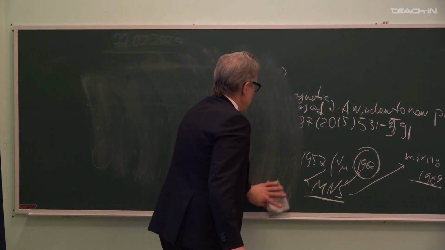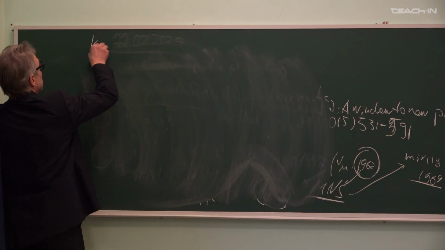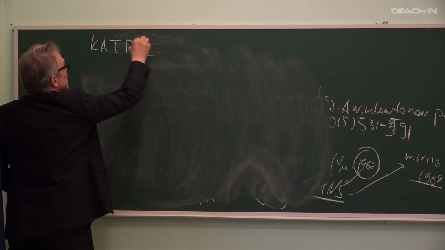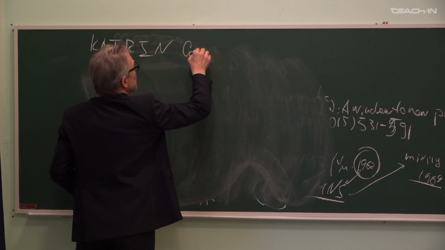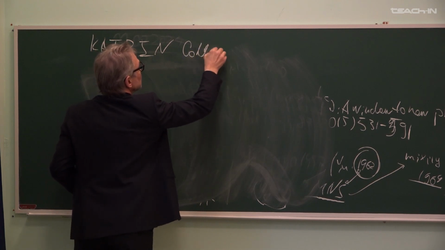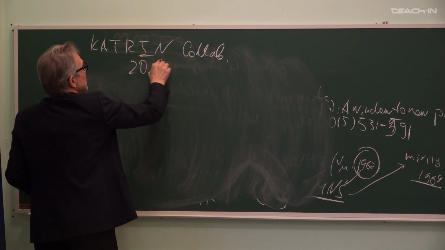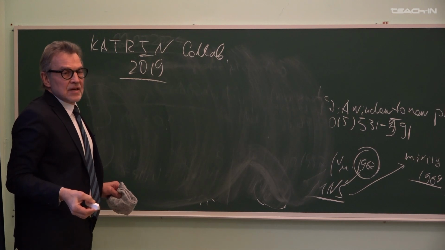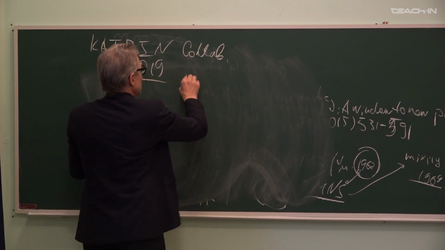The latest, best experiment is the KATRIN collaboration, in Karlsruhe in Germany. From 2019, they have the best upper bound on the mass of neutrino.